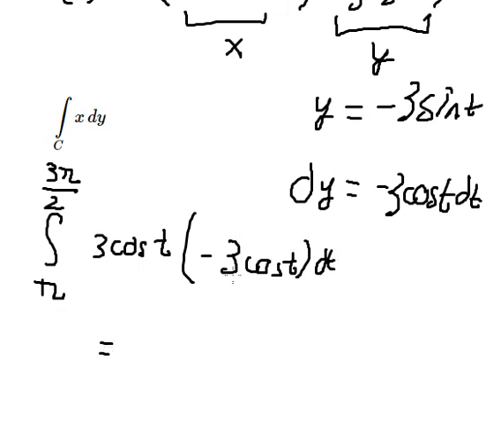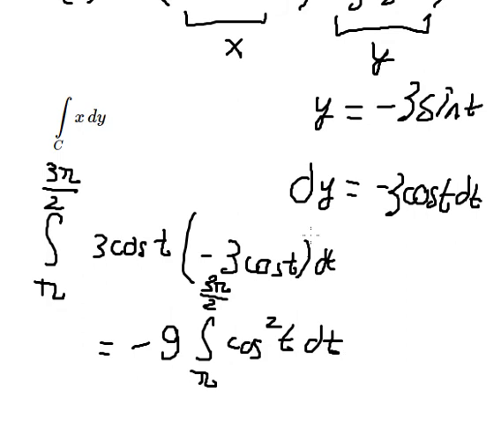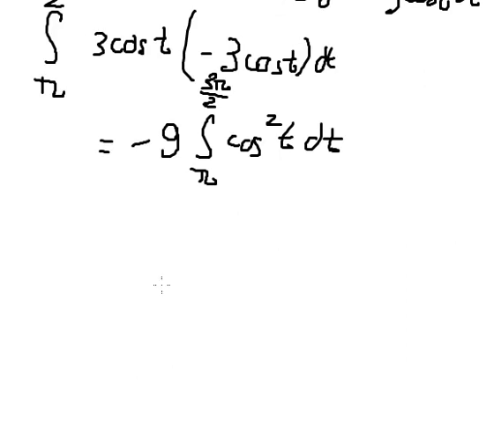So we put number 3 and negative number 3 go outside, and we have negative number 9. And we have cosine t squared. About cosine t squared, we change it for cosine 2t plus 1 over 2.